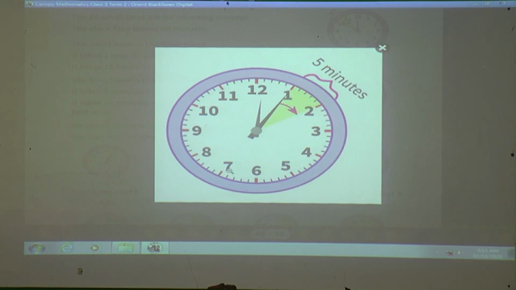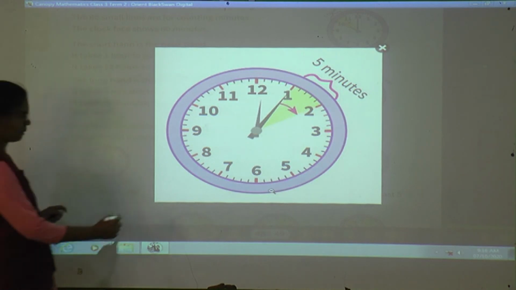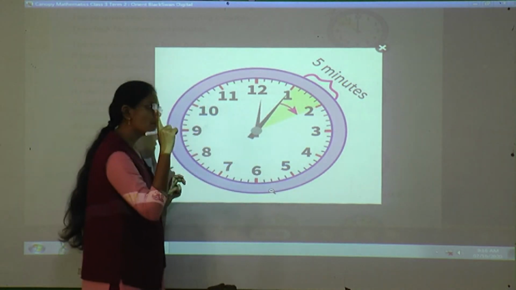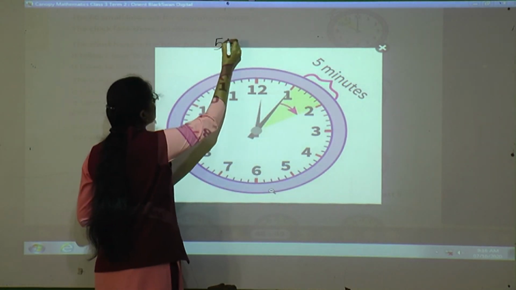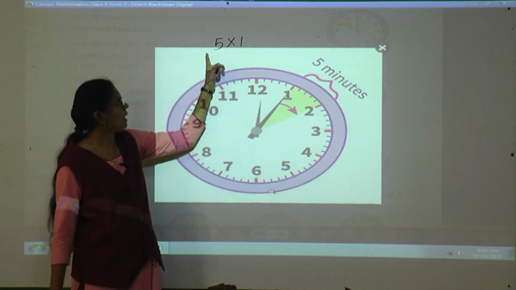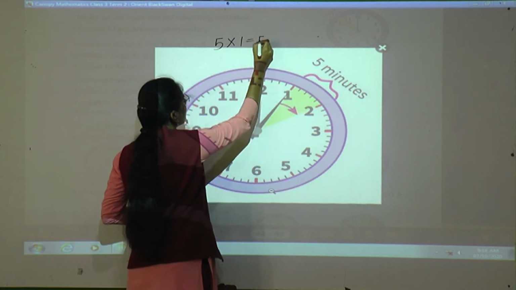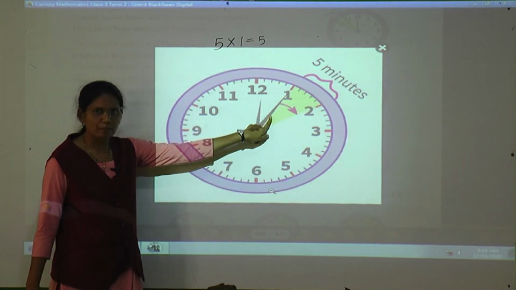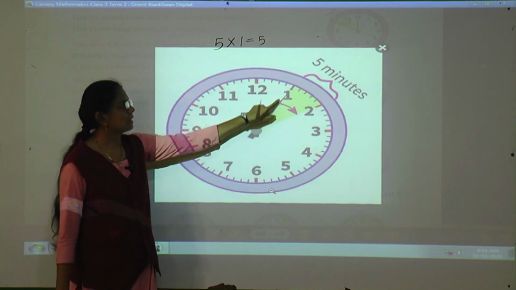Now in this clock you can see the minute hand is on one number. From 12 to 1, how many small lines are there? 5 small lines are there, and the minute hand is on 1.